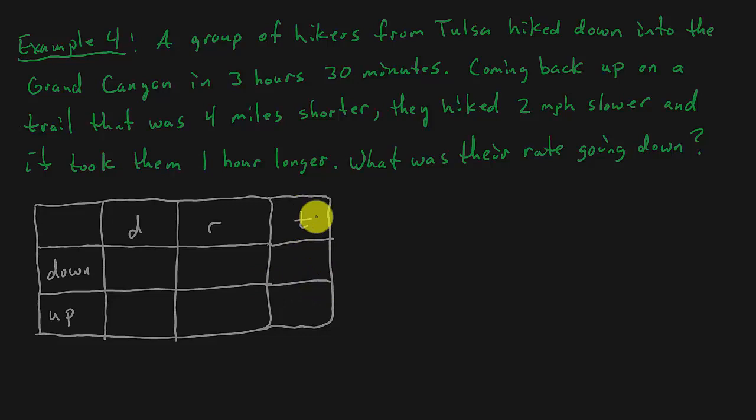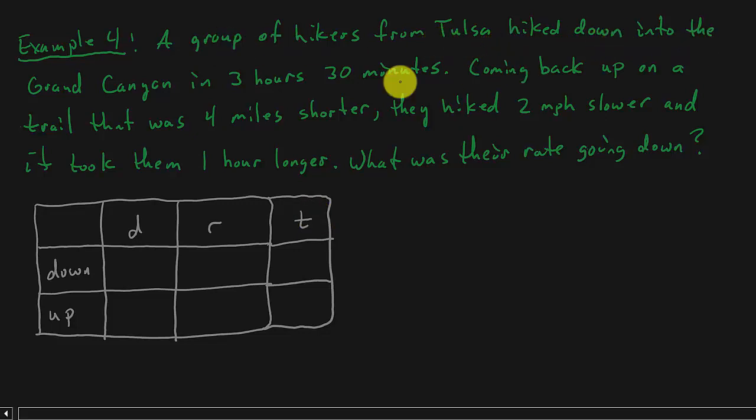Okay, so let's fill out everything we know. It says a group of hikers from Tulsa hiked down into the Grand Canyon in 3 hours and 30 minutes. So hiking down, it took them 3 hours and 30 minutes, which is what? 3.5 hours.